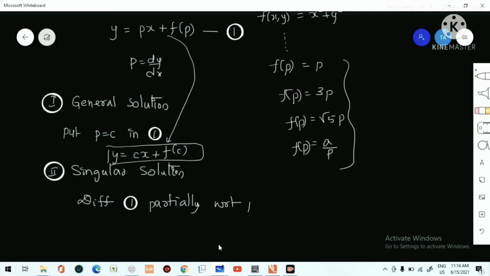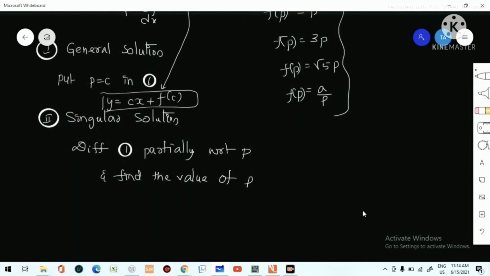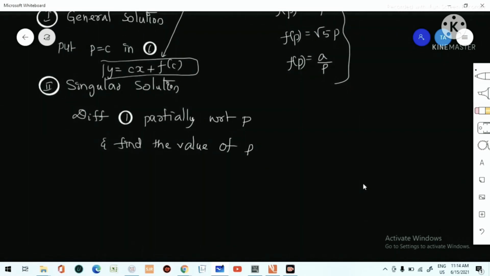To find the singular solution, we have to differentiate equation number 1 partially with respect to p and find the value of p.